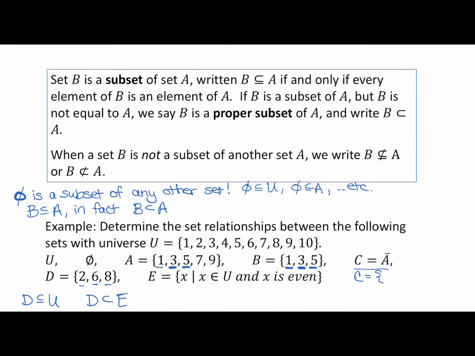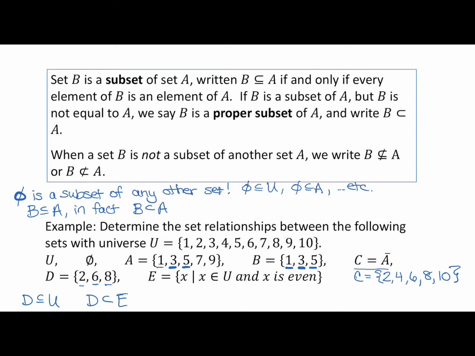So let's just start at the beginning of U and think about what's not in A. So 1 is in A, 2 is not, so 2 is going to live in C. 3 is in A, 4 is not, so 4 lives in C. 5 is in A, 6 is not, so 6 is in C. 7 is in A, 8 is not, 9 is in A, and 10 is not.